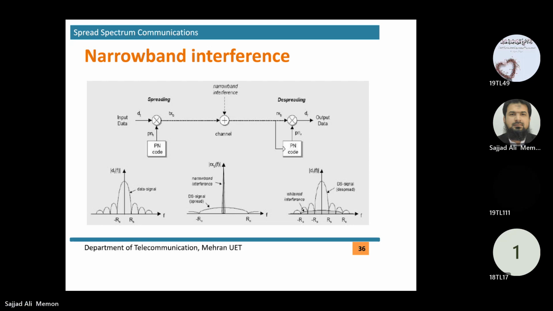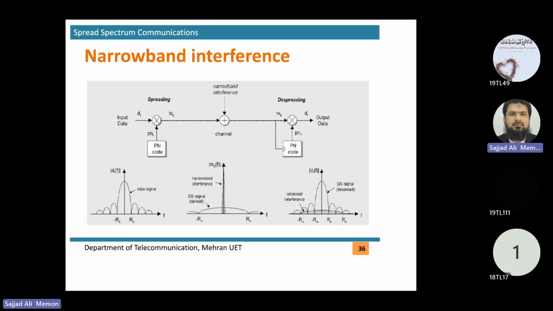So if there is narrowband interference, as you can see in the figure, we have input data g(t) multiplied with the PN code, that is spreading, and the transmit data here we say t_x(t). Through the channel, we have narrowband interference included.